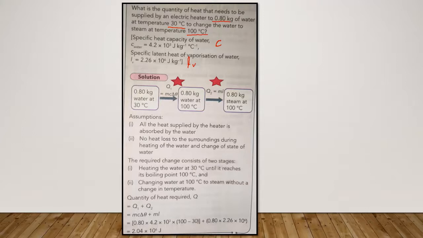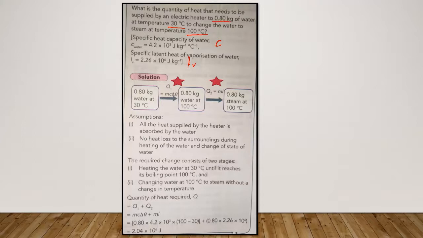In the solution there is a star here, take a look. We need to differentiate which one we use mc theta for and which one we use ml for. So we have to use imagination. For example, water at 30 degrees. We give heat, so this water will absorb some heat.